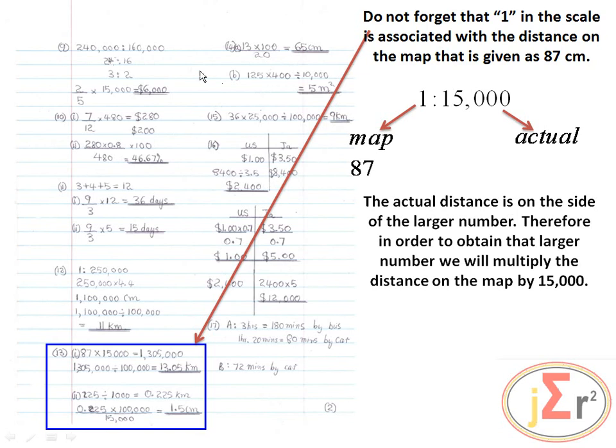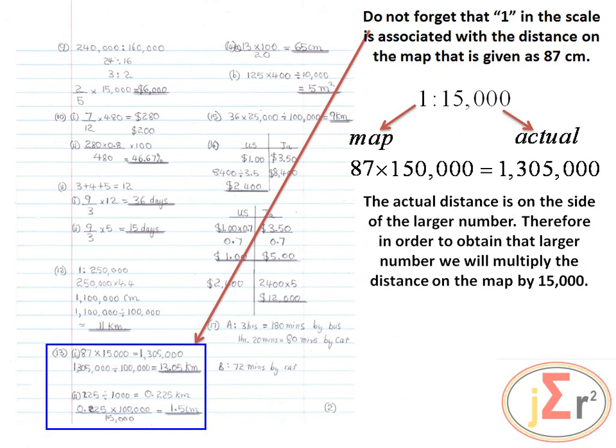Because 1 is associated with the map, and 15,000 is representing the actual. Therefore, if we need to find the actual, we need to multiply this 87 by 15,000. And what do we have there? 1,305,000. That is our answer.